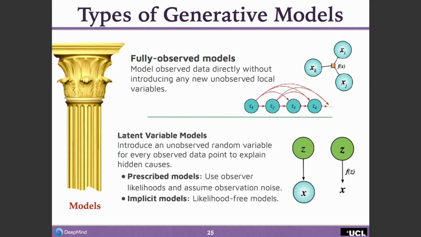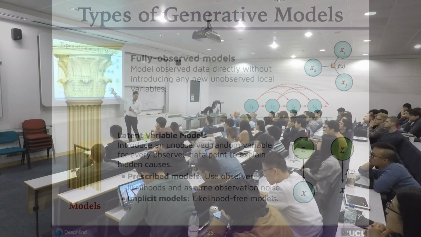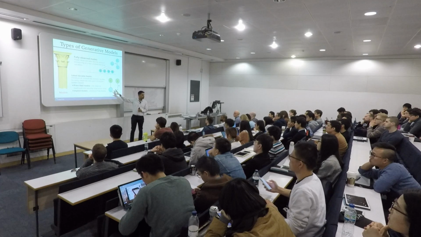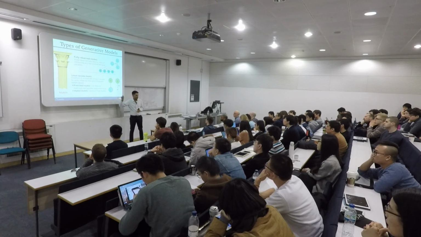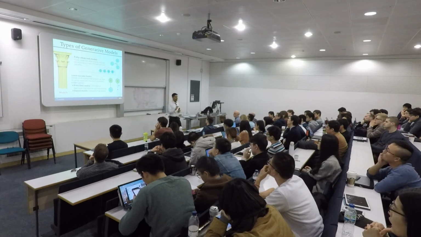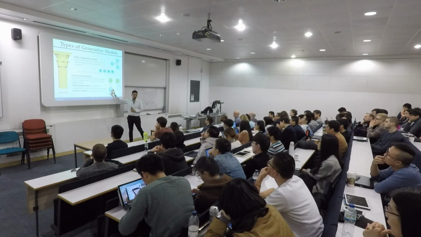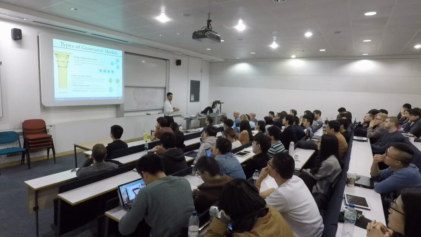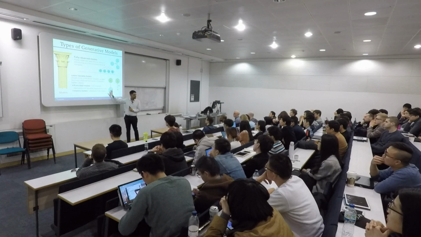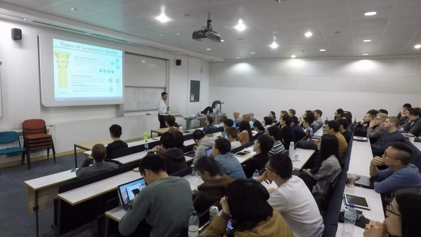And this is a lot of knowledge that we add. We basically say that we can know something about the probability that this data x has in the world, even if it's just saying that it has Gaussian noise. That is a useful amount of knowledge, and that is the likelihood function that we write in all other areas of statistics and machine learning. And this is why these prescribed models are basically likelihood-based methods of estimation.